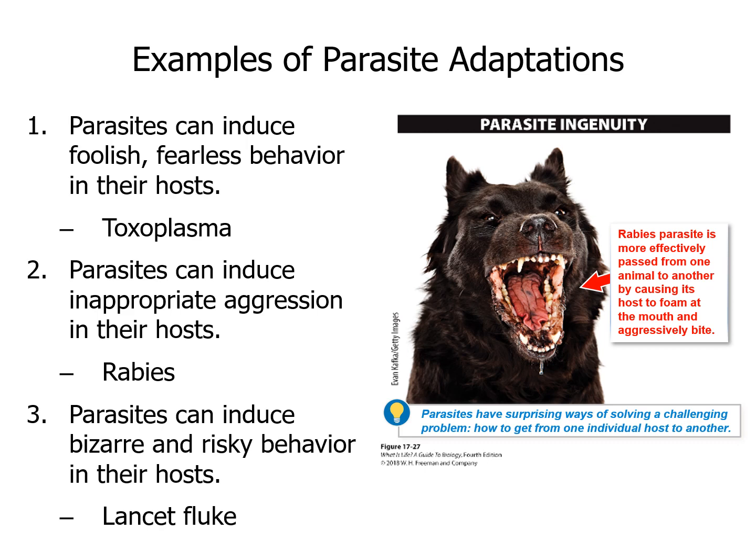What the lancet fluke does is it's known as the zombie maker, which is just great. So it has a very complex life cycle, and it's kind of one of the weird ones, and I'm not going to go into a whole lot of detail because it's a little nasty.